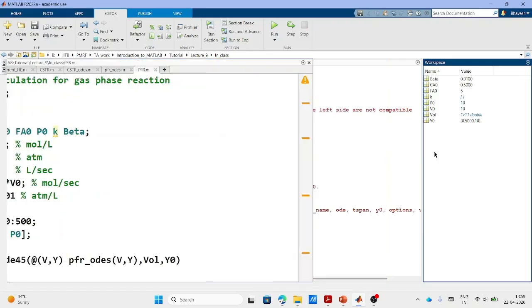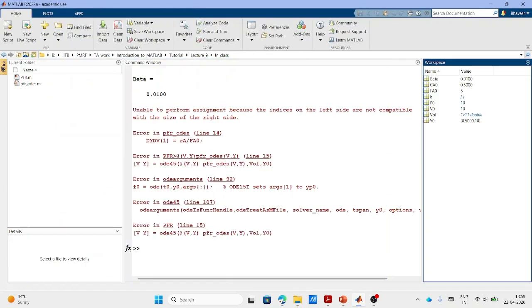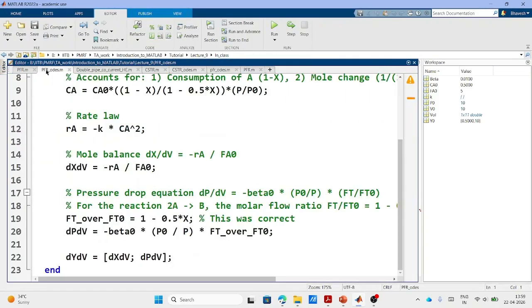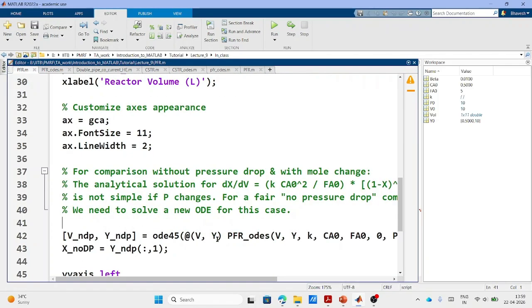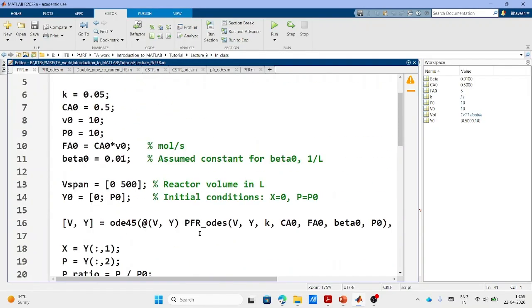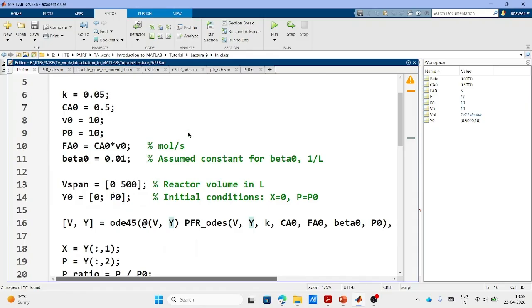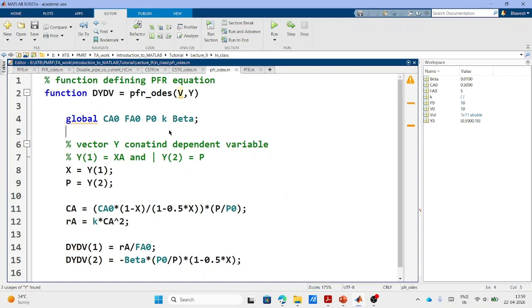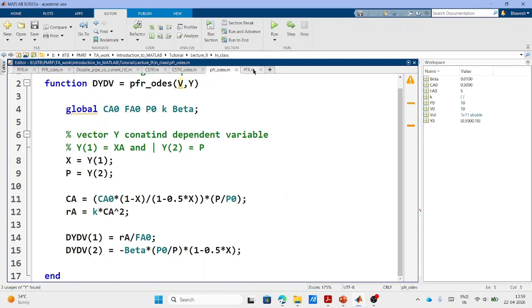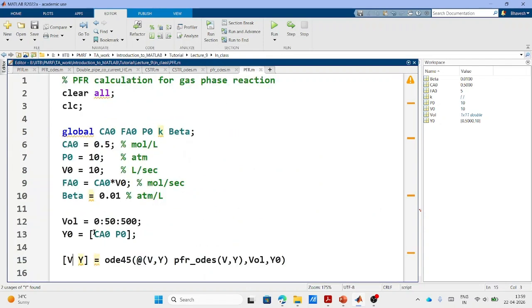Sorry, there are certain syntax errors which I keep forgetting because I'm using multiple languages. I have to keep referring to which index means what. Right? V, y, and y0. PFR ODEs, y is not defined specifically. Here y is defined as y0, which is CA0 comma P0.